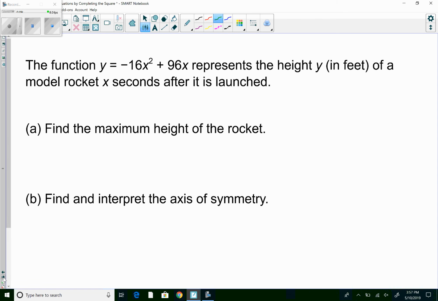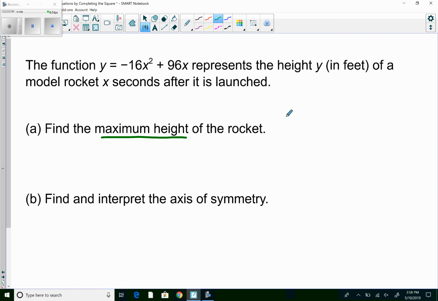Alrighty, last example. We've got the function y equals -16x squared plus 96x, which represents the height of a model rocket x seconds after it is launched. Find the maximum height of the rocket. Okay, well before we were trying to find a maximum, just the same concept.